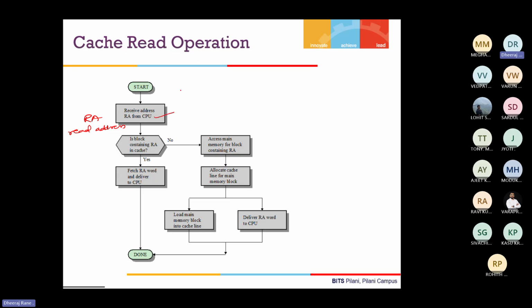The processor generates an address. That address is picked, and then we check whether the cache block contains the read address. If so, then it will fetch, and the process gets completed, right? If not, then it will access the main memory for the block containing the read address.